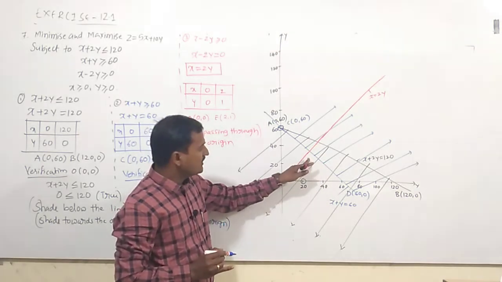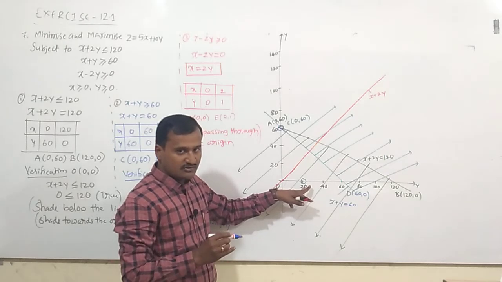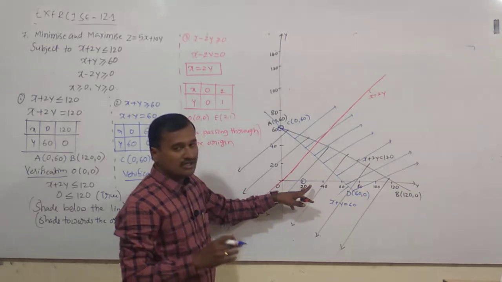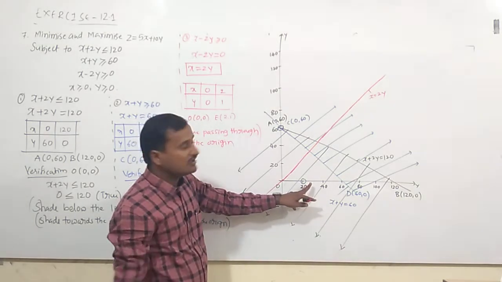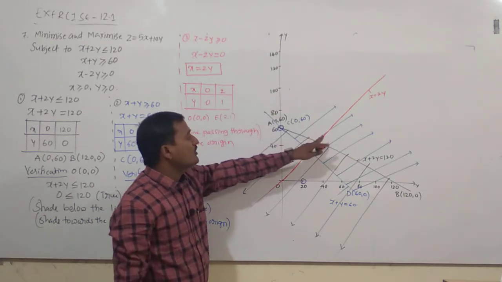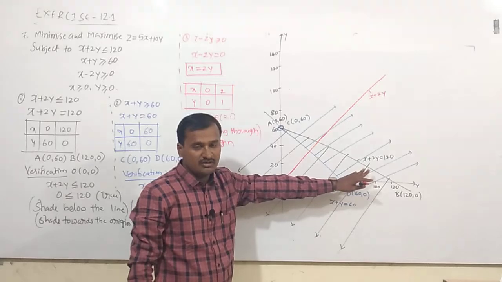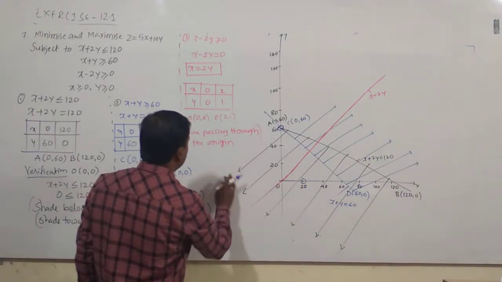If after substituting this point you get LHS less than or equal to RHS, or LHS more than or equal to RHS, then we say that the points of this inequality lie below this line. So here I will take 20 comma 0.